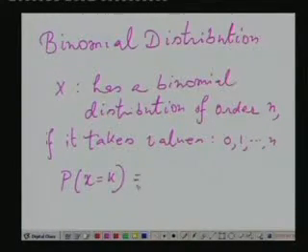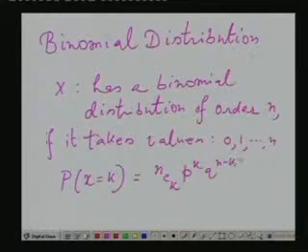Okay. These are the probabilities. This is n c k p to the power k q to the power n minus k. Okay. One thing you see, where of course p plus q is equal to 1.